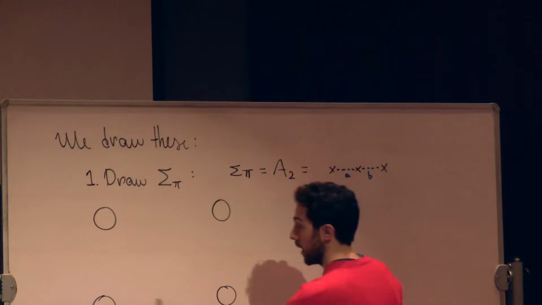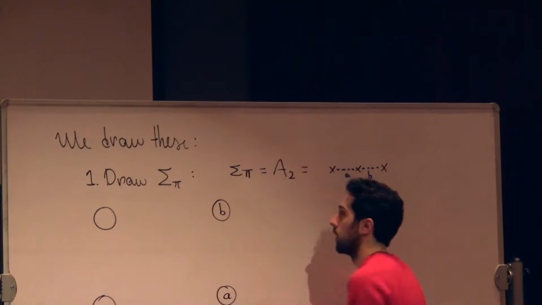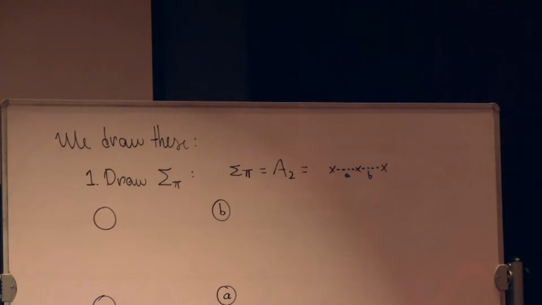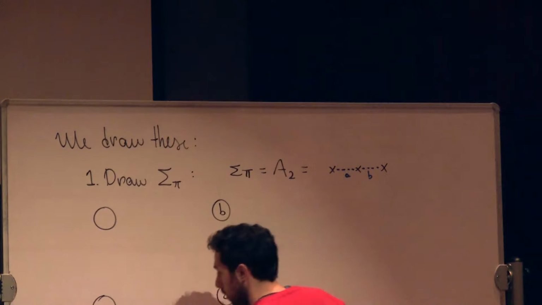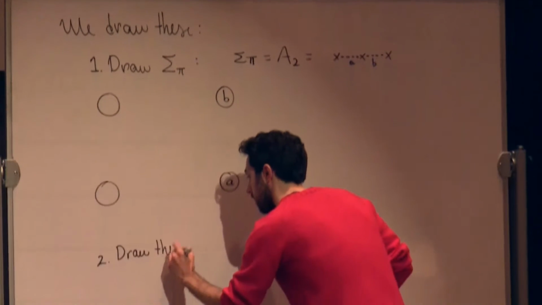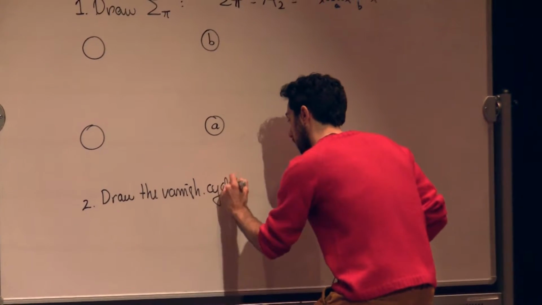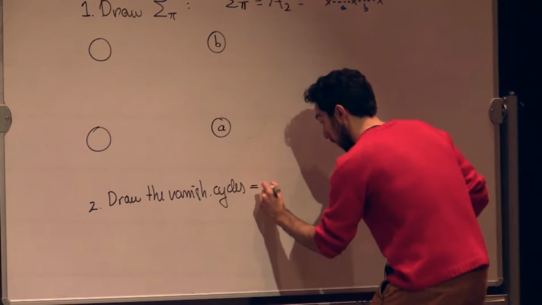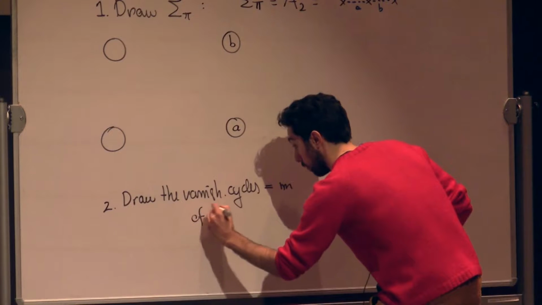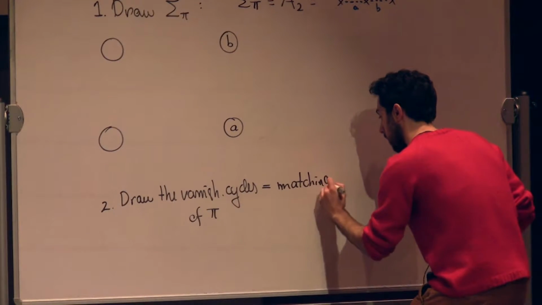Great. And once you've drawn this, step 2, you draw the vanishing cycles. The vanishing cycles right now are not only described as spheres, but are matching paths, so vanishing cycles of pi, which are matching paths of rho.